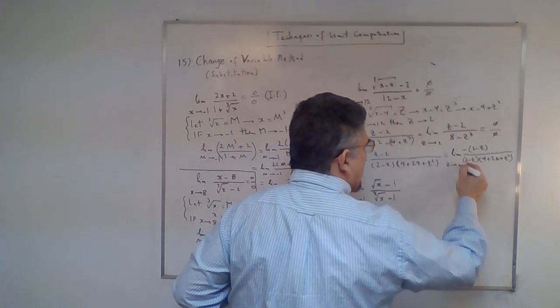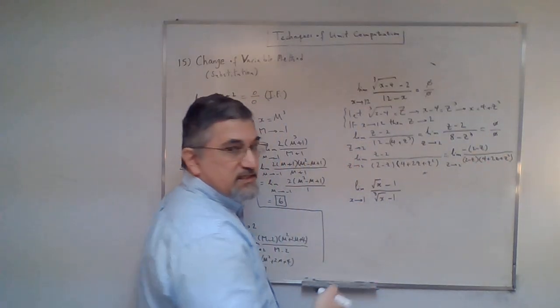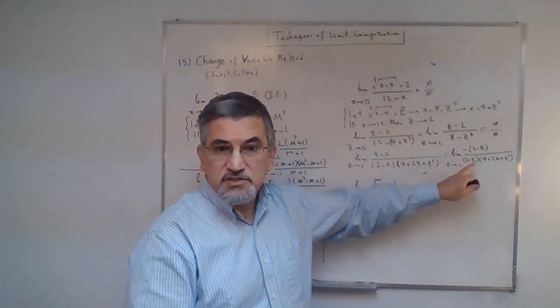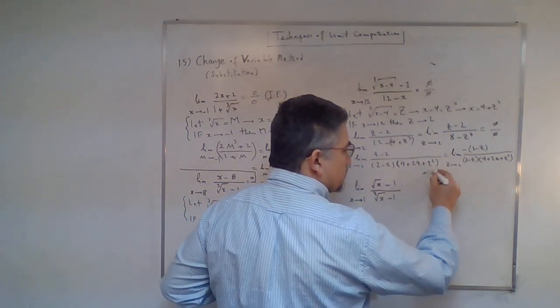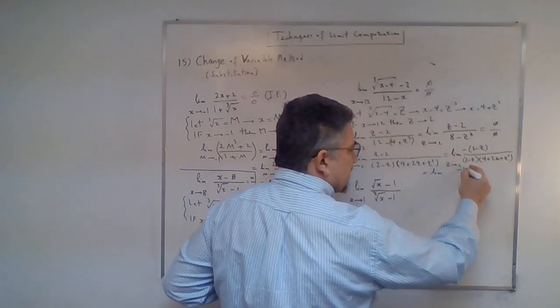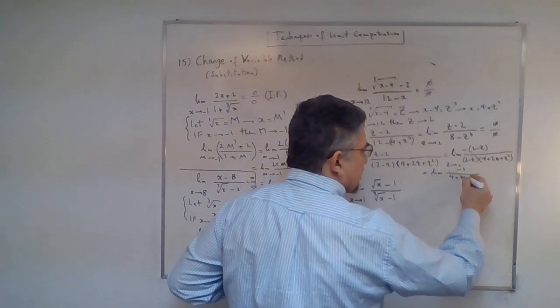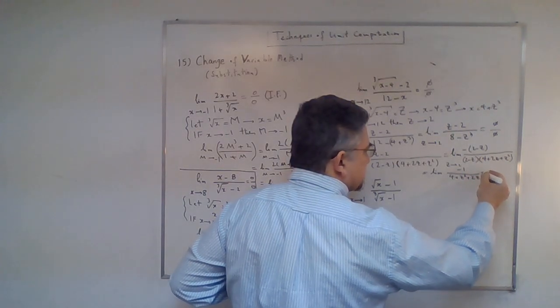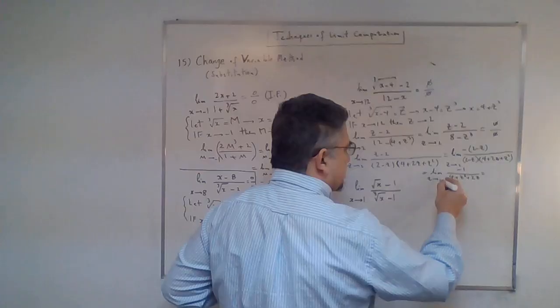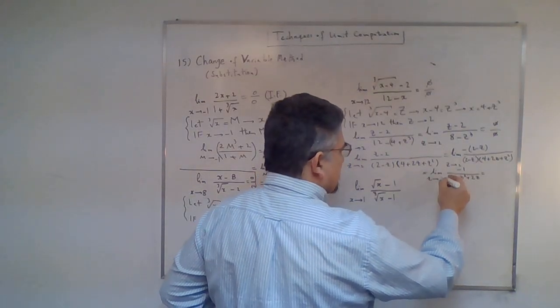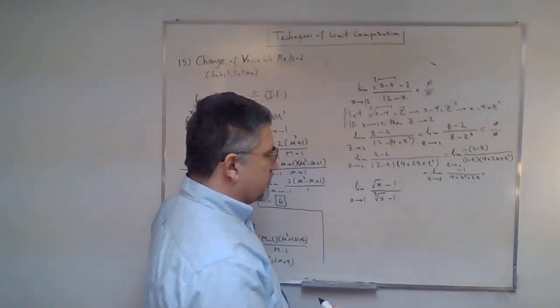So now perhaps we can say 2 minus z from top and bottom cancel each other. So what is left in the numerator is simply negative 1. In the denominator, 4 plus z squared plus 2z. Order doesn't matter. So that is 2 here. Z approaches 2.